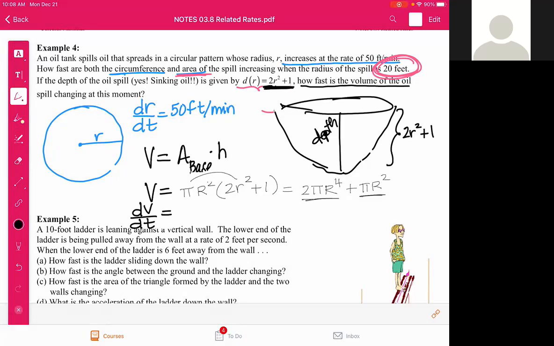So when you take the derivative of 2 pi r to the 4th, bring the 4 out in front, this will become 8 pi r to the 3rd power dr/dt, plus, take the derivative of the second part, so this will be 2 pi r times dr/dt.